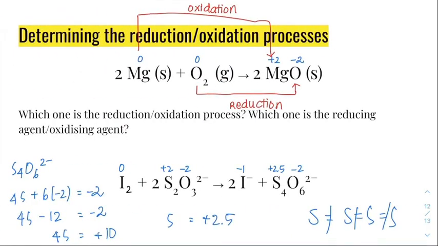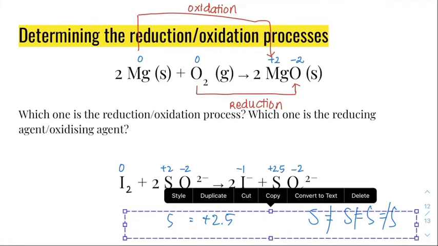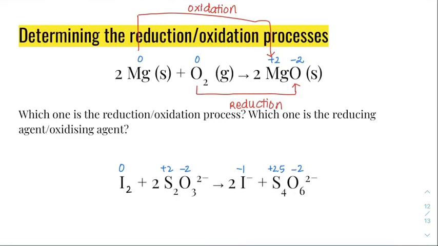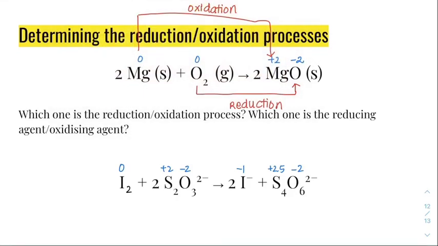Okay, so when we have solved the oxidation state of all the atoms, we need to observe the atoms that have a different oxidation state from left to right.